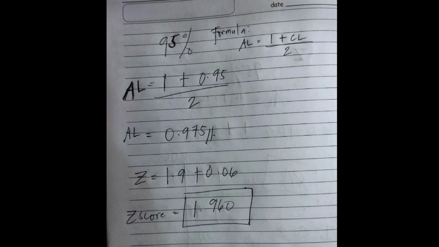And then kukunin naman natin yung value niya vertically up, yung pinakadulo, which is yung 0.06. And after that, i-add natin yung 1.9 plus 0.06 as the z-score value is equal to 1.960. So ganyan yung process or solution para kunin yung z-score value of the confidence level.